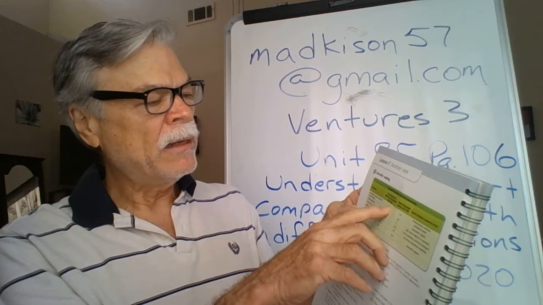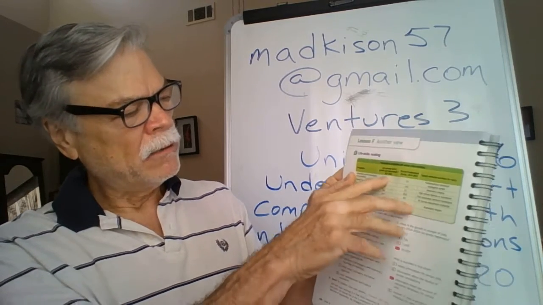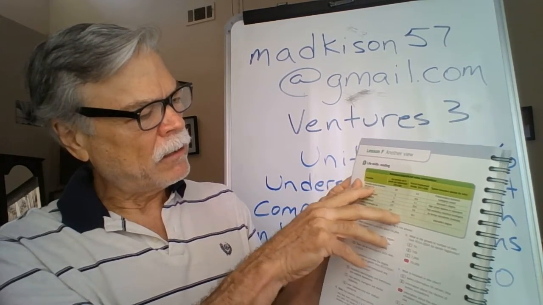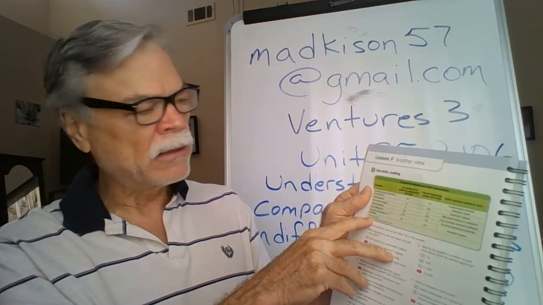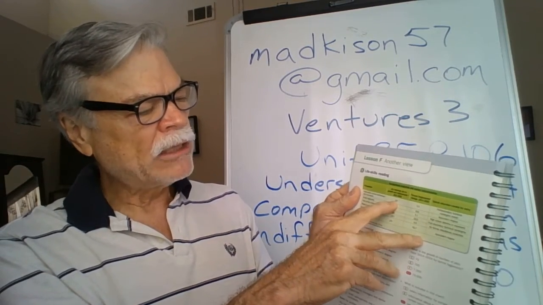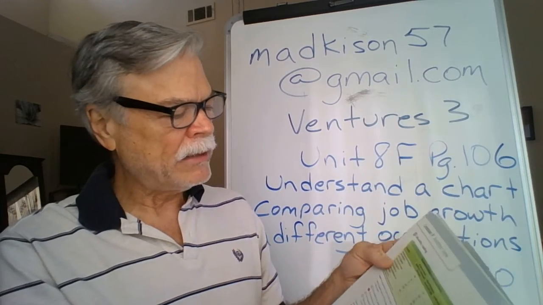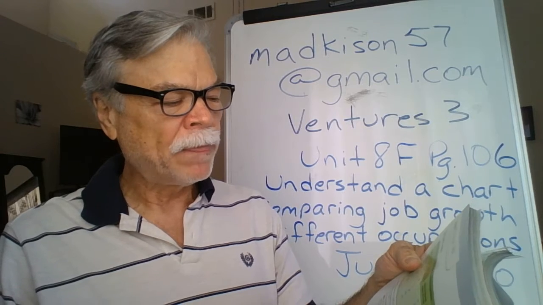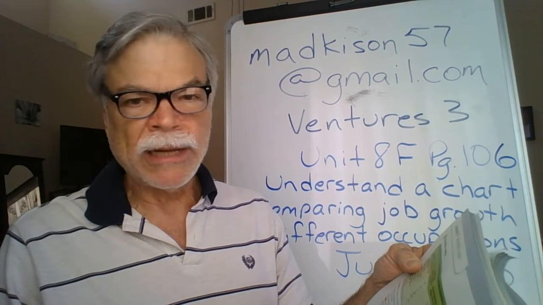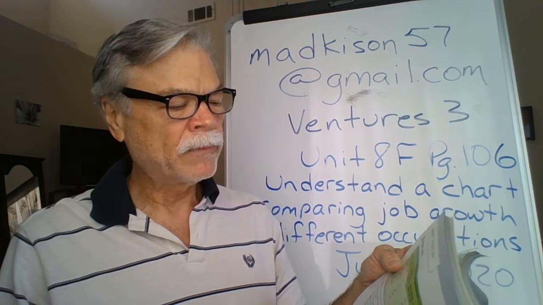And you can see that this number that's in each category in this column is the number in thousands. So when it says 237, that means there's an increase of 237,000 jobs in the automotive service technician and mechanics category.